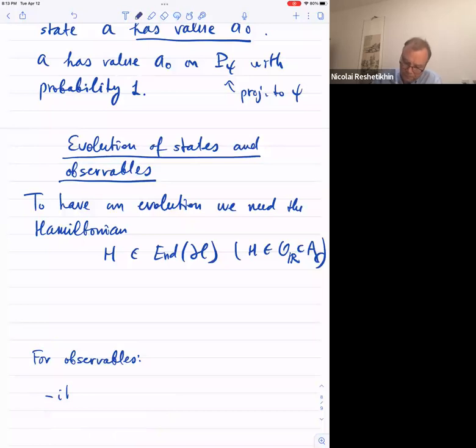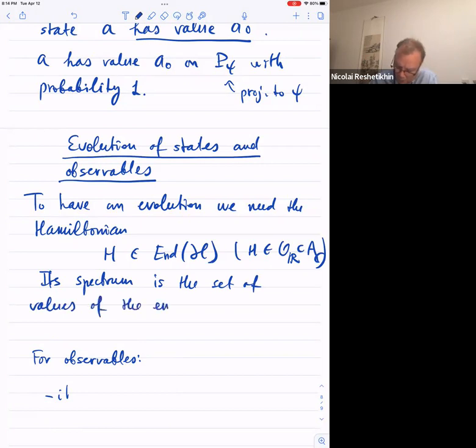So far I was assuming that every self-adjoint operator has only discrete spectrum, but it may have discrete or continuous spectrum. Its spectrum is the set of values of the energy of the system, by definition.